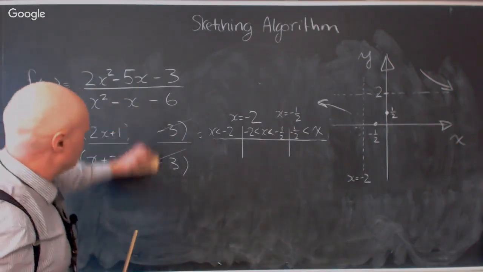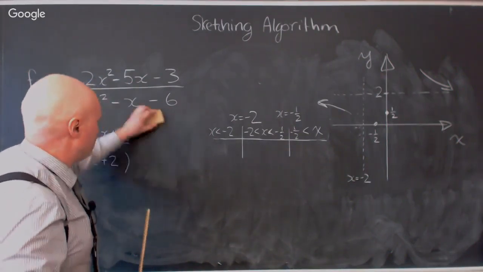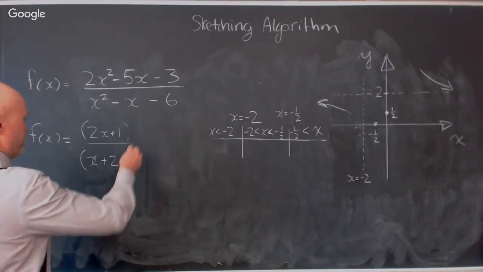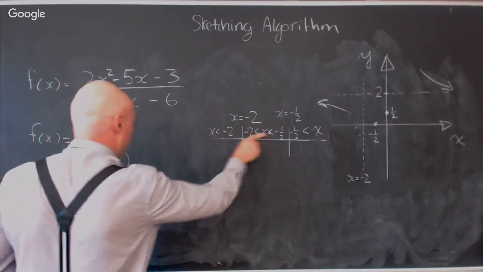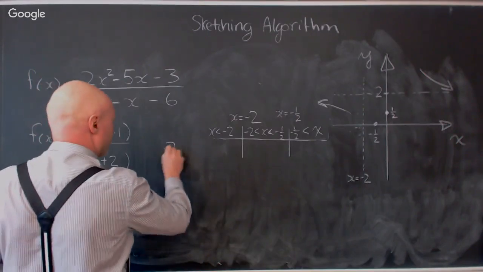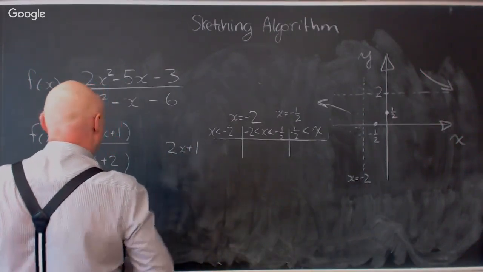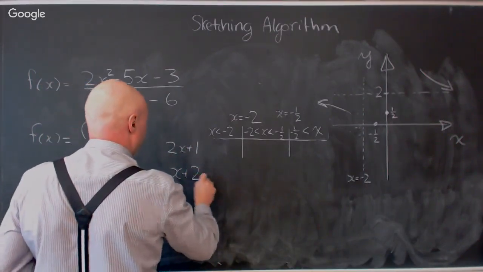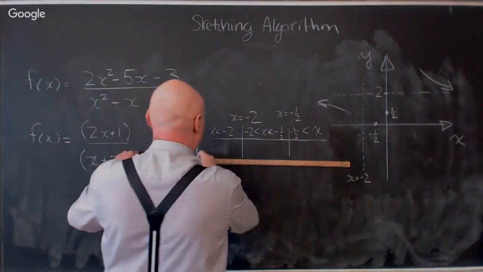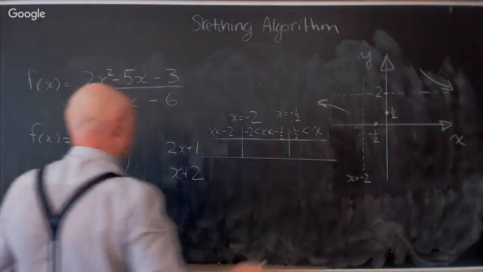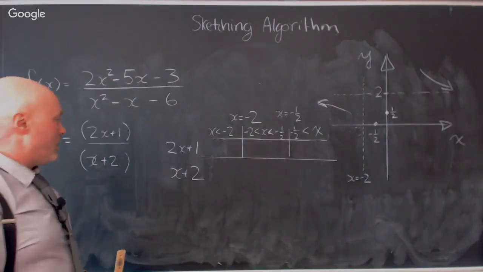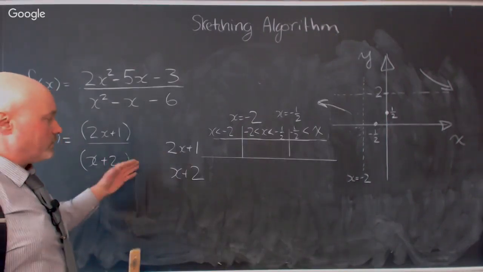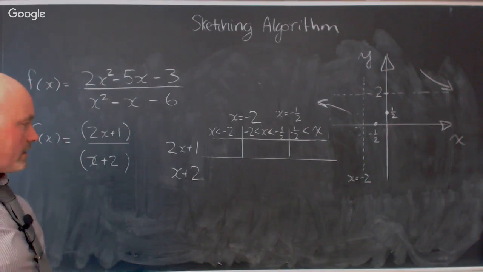I'm just going to erase this part, and we'll look at the value of each factor in each of those intervals. So 2x plus 1 is one of the factors, and x plus 2 is the other factor. I normally put these the other way on, but it's not going to make that much difference.